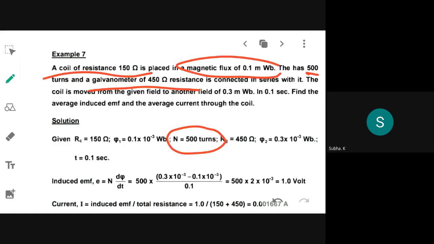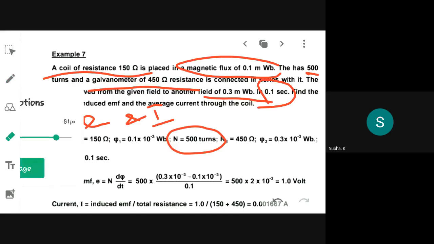The second flux is 0.3 milliweber. And the change is done in how much second? 0.1 second. And they have asked you to find out what the parameter. Average induced EMF and average current. So you need to find E and I.